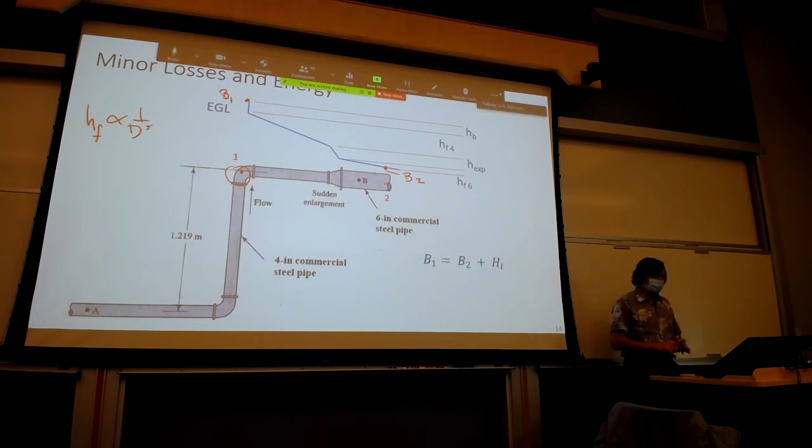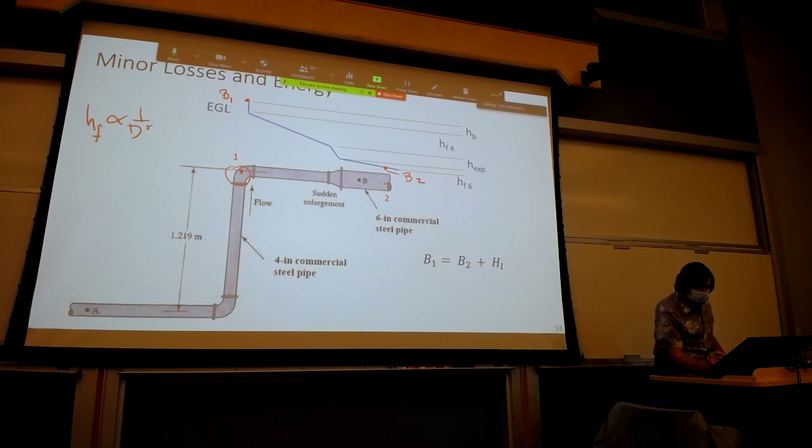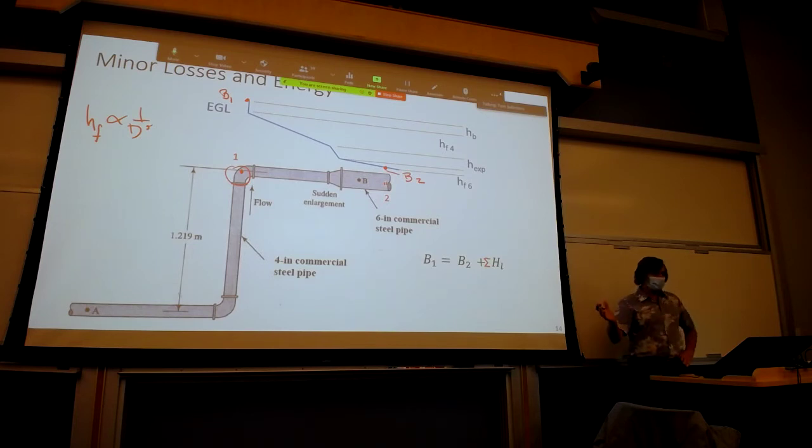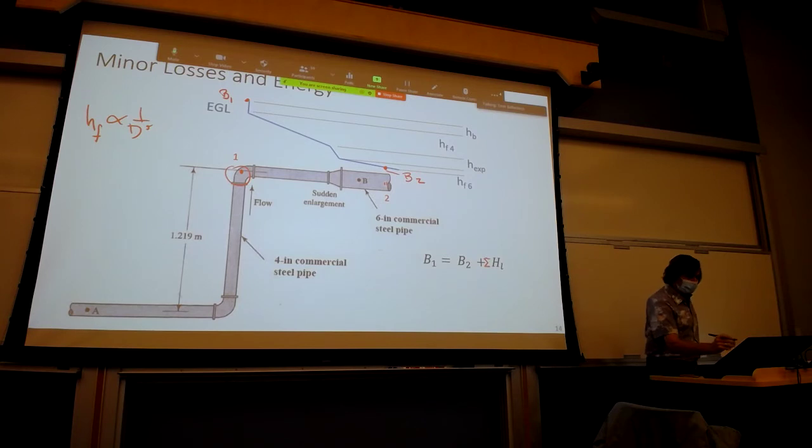And so in this case, the total energy at 1 is equal to the total energy at 2 plus the sum of all energy losses we had between points 1 and 2. And those energy losses would include the loss in the bend, the friction loss in the 4-inch pipe, the minor loss due to the expansion, and the friction loss in the 6-inch pipe.